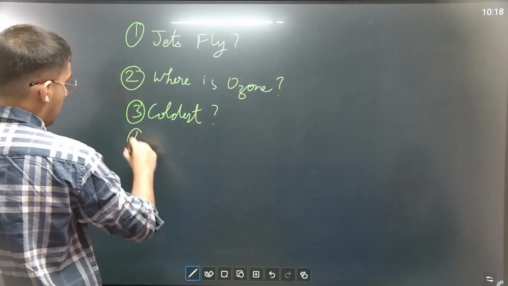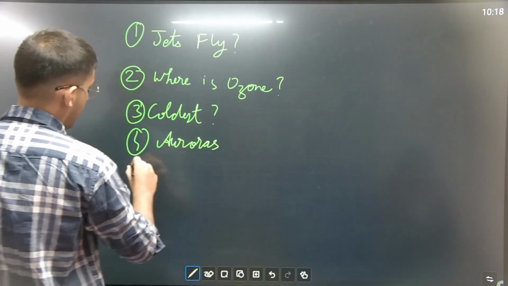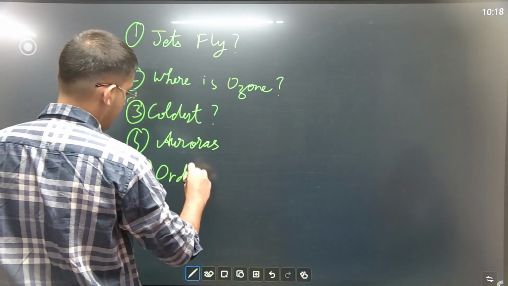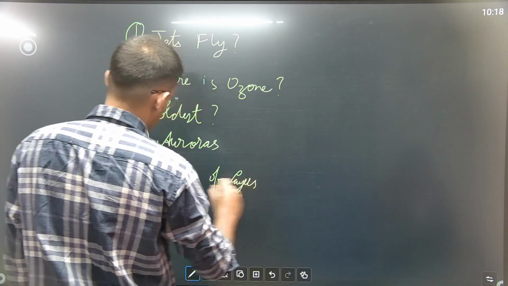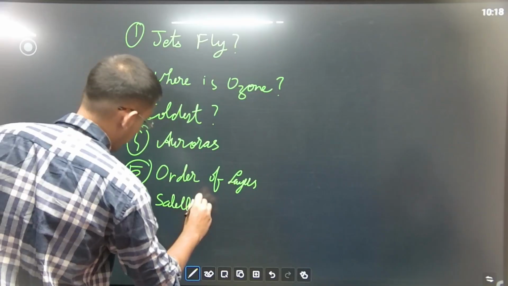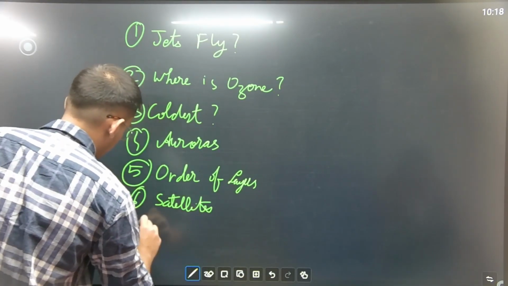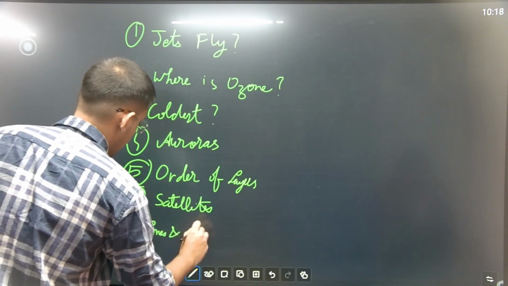Thirdly, which is the coldest layer. Then we have to know about auroras. Fifth, the order of the layers. Then we have to know about satellites. Then the various lines and pauses.